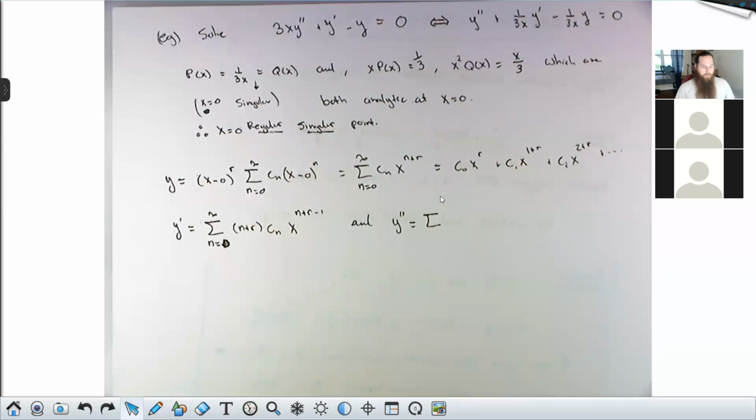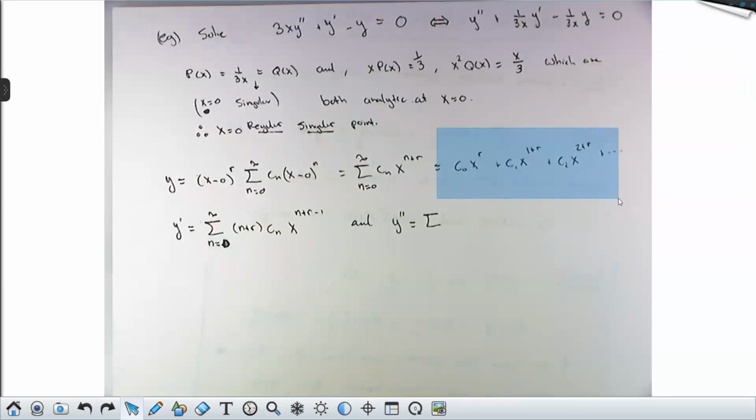So every time you've seen me differentiate a power series, you've seen me bump the starting index. Here, because this series does not have a constant term, when you go to differentiate this term, you don't get 0, you get r times x to the r minus 1 times c0. So when we differentiate series like these, where there is no constant term, you don't bump the starting index. Starting index here is going to stay n equals 0.